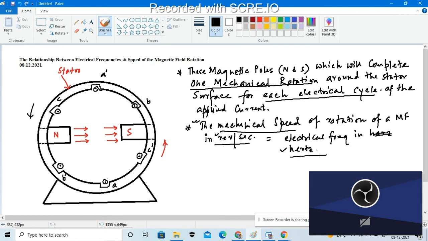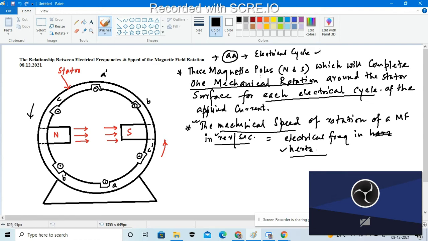So that means when it completes the actual cycle of AA, this will be the mechanical rotation around the stator surface for each electrical cycle. So this will be considered as an electrical cycle.